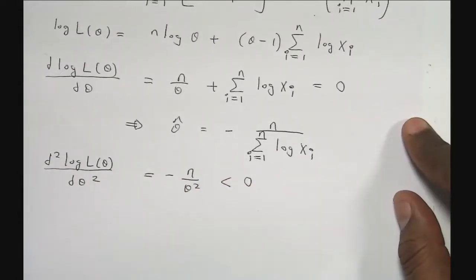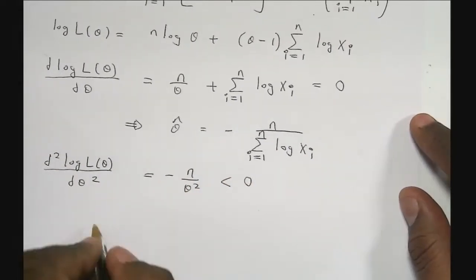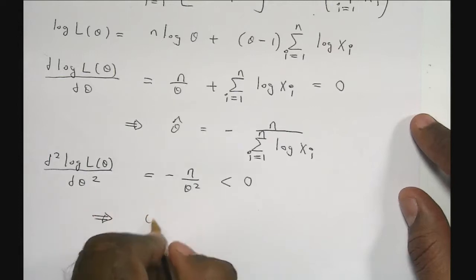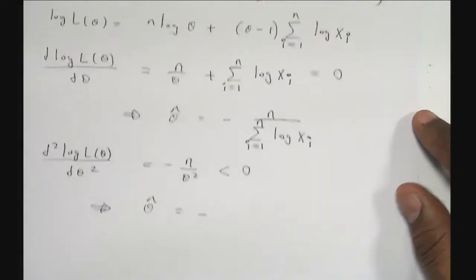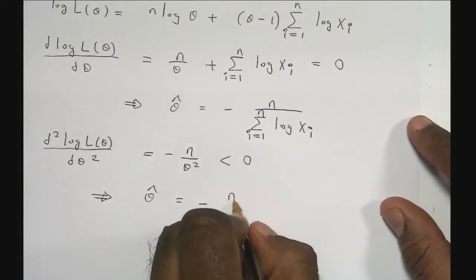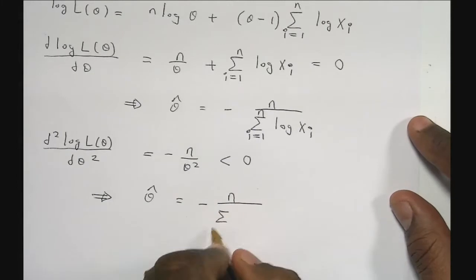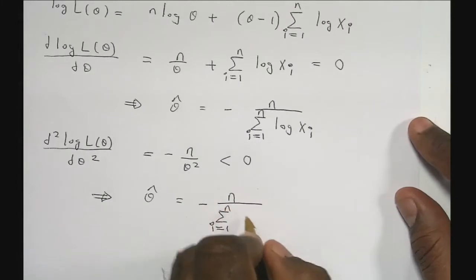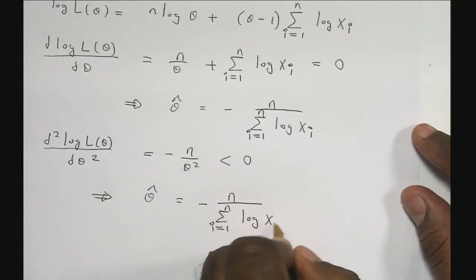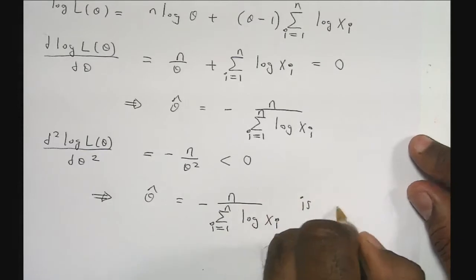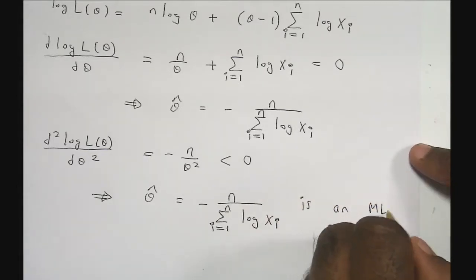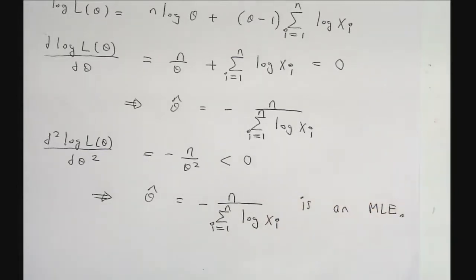So since the second derivative is negative, it follows that theta hat given by this is indeed an MLE. All right, so that completes question 1, guys.